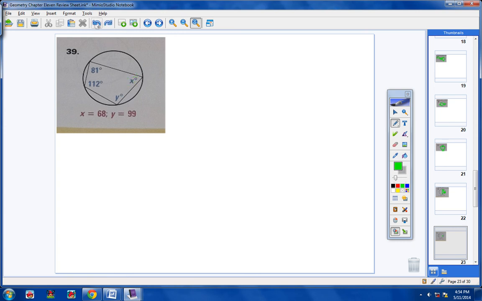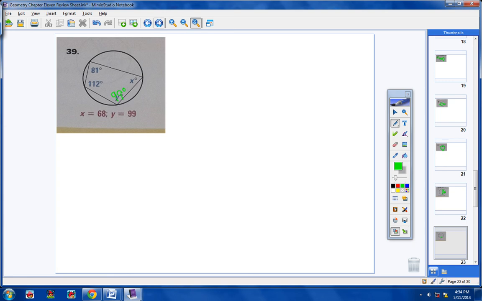Now, these two angles here that are opposite each other are going to be supplementary. That means they're going to add up to 180 degrees. So if this is 81 degrees, then y has to be 99 degrees, because 99 plus 81 is 180. Okay? Now this happens when you have a quadrilateral inscribed in a circle.